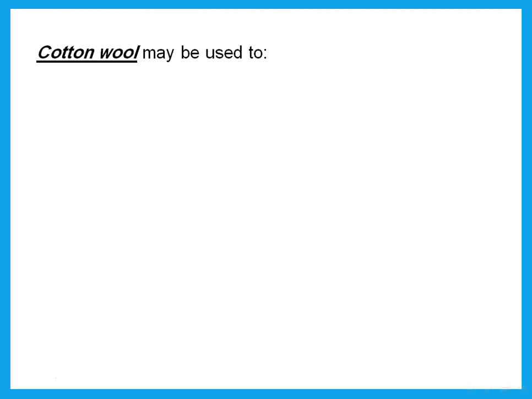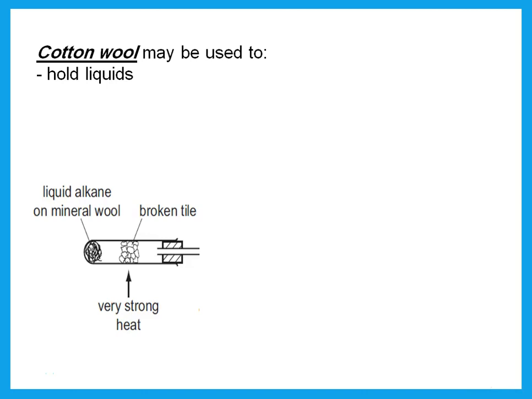Okay, in any experiment, why do we use cotton wool? Well, we could use cotton wool for one of three reasons. If I have a tube like this, like the previous experiment, and I want to heat liquid alkane or water or ethanol or whatever, if I have a liquid and I have the tube horizontal like this, I have to put the liquid in a mineral wool or cotton wool.